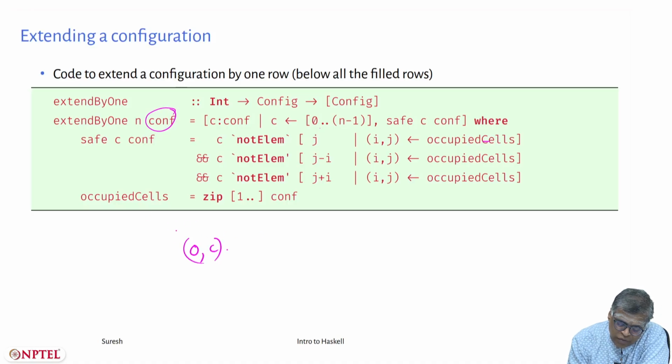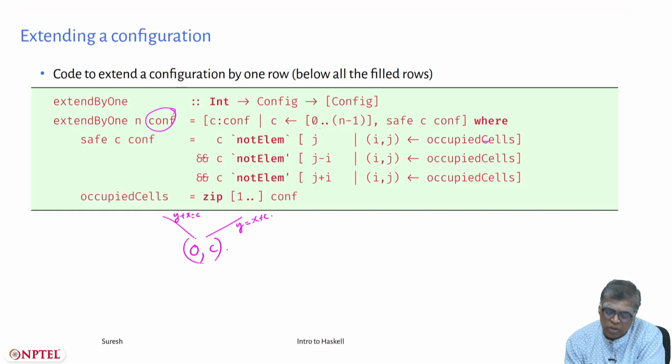And if everything on the same diagonal, this will satisfy the equation y equals x plus c. This will satisfy the equation y plus x equal to c on this anti-diagonal. So, I am just checking that. To say that y equals x plus c is nothing but saying that c equals y minus x. To say this is just to say that c equals y plus x. So, that is what I am checking.